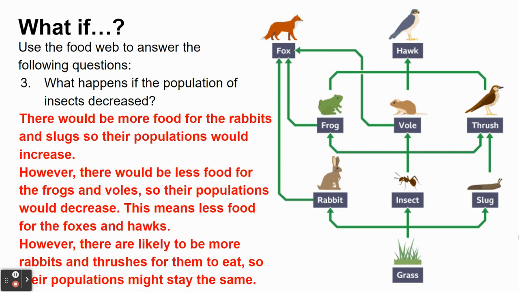However, there are likely to be more rabbits and thrushes for them to eat, so their populations might stay the same. As long as you justify your answer in any test or exam question, you'll still get the mark. Just talk it through logically and in order.